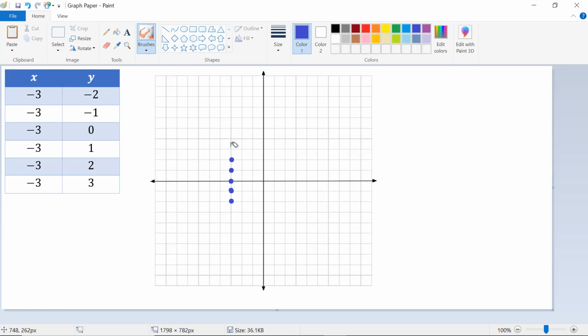We're getting a vertical line where all x values are -3. There we go.